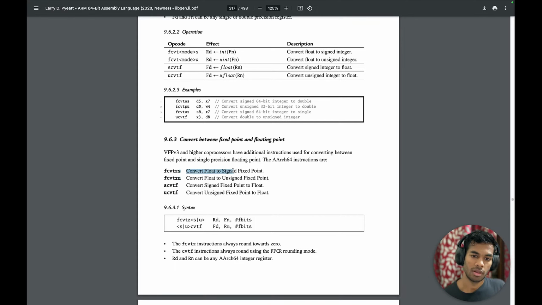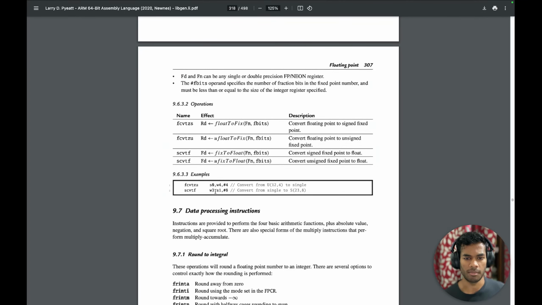Convert float to signed fixed point. Z means fixed point somehow, and here also Z means fixed point somehow. And then here we have signed unsigned. Convert that to float, and I give it a fixed point FD. I have different registers for fixed points which start with F.